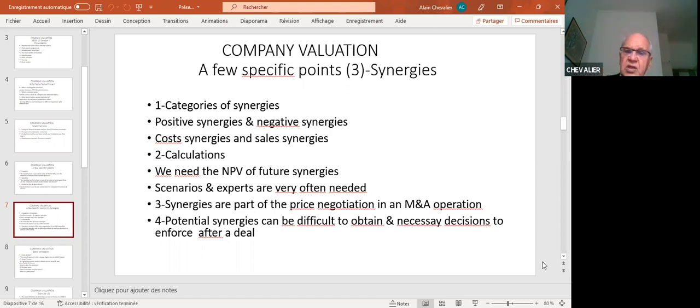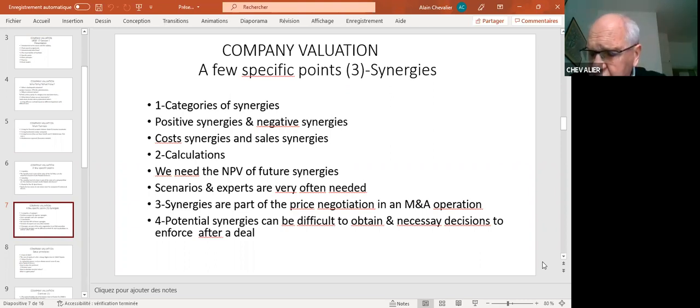Second, you have to be very clear on the schedule when these synergies will appear. It could be very different if it happens immediately after the merger, the year after, or is extended over a period of 3 or 4 years.